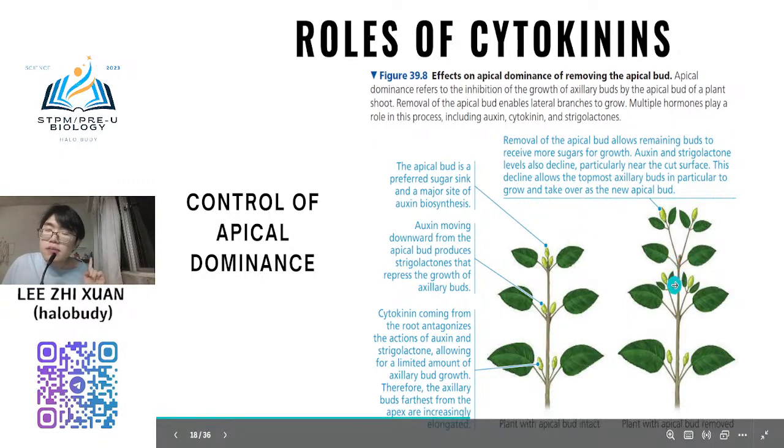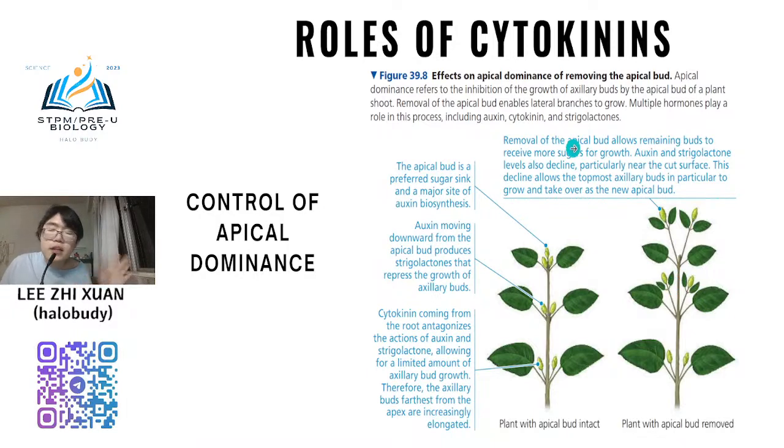This one is where the auxin is totally removed, meaning that the auxin level also declines, particularly near the cut surface, and then the decline allows the topmost axillary bud in particular to take over as the new apical bud. So I just want to mention that cytokinin plays a role in controlling apical dominance. Okay.